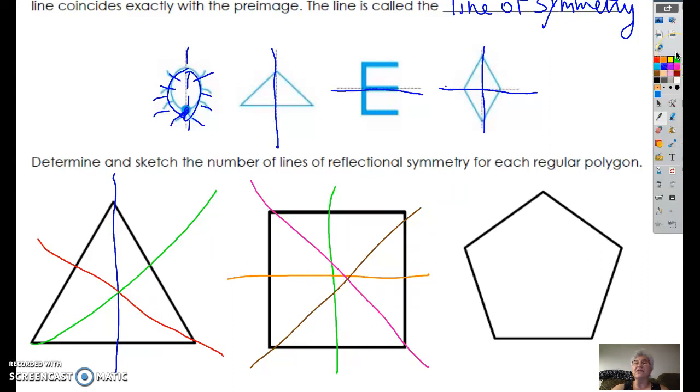And we can imagine with our pentagon, the same thing's going to happen. 1, 2, 3, 4, 5. If you look carefully at all of those different lines, they also cut that pentagon into 2 equal halves.